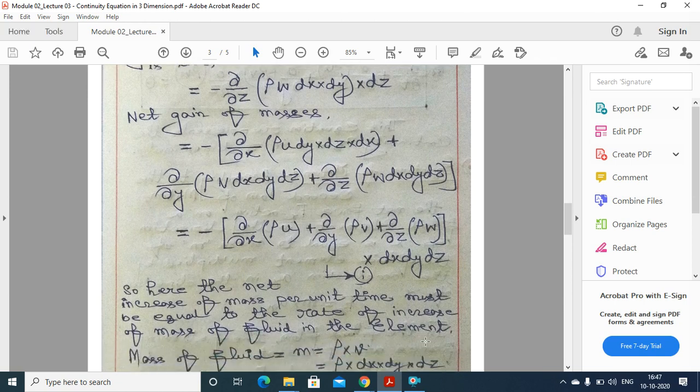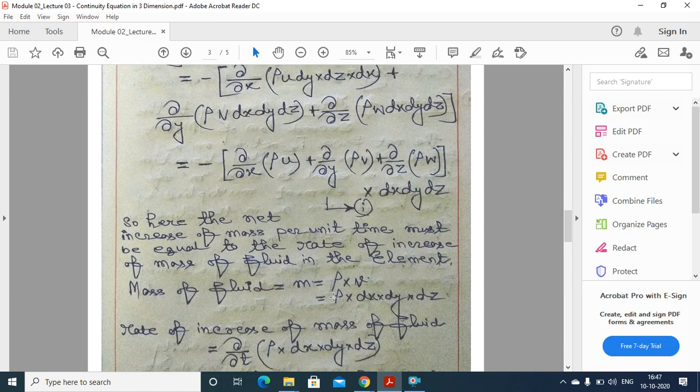Now the net increase of mass per unit time must be equal to the rate of increase of mass of fluid in the element.